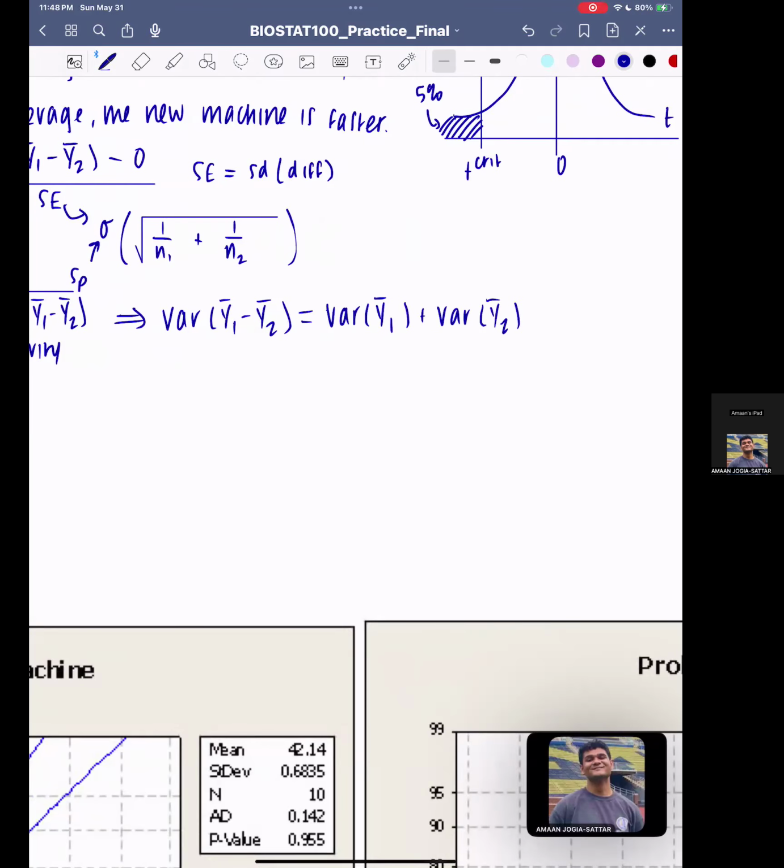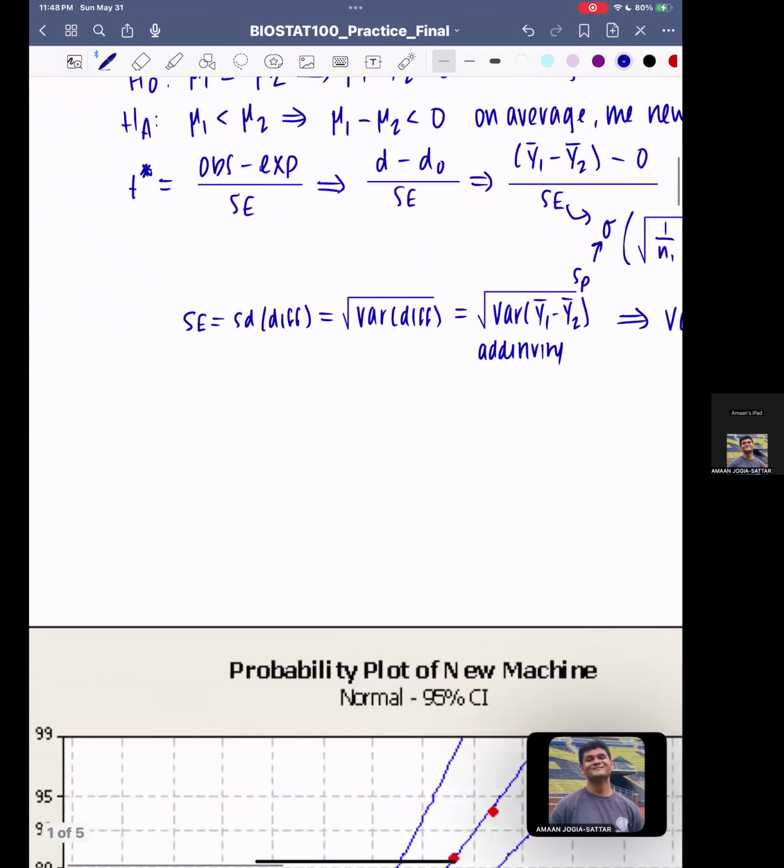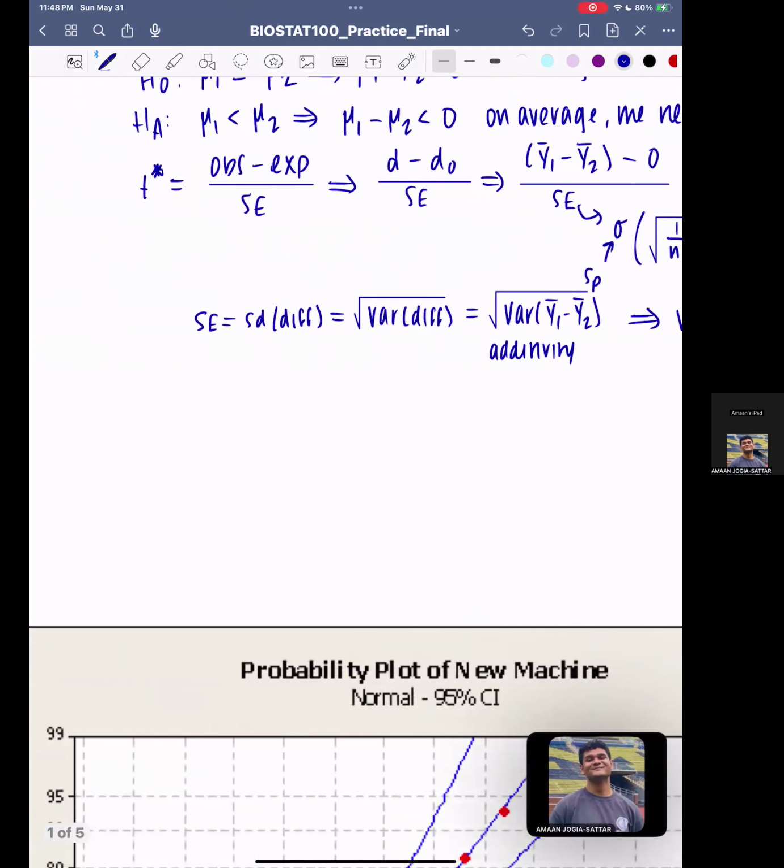Okay, and so what are we dealing with here? We now have the square root of the variance of y1 bar plus variance of y2 bar. I'm just going to make that square root a little longer. Okay, and so from here, what can we do?